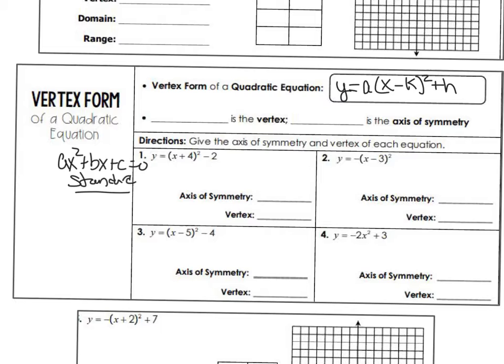Think of it as x and y. But it's not just any x and y. It's specifically going to be the vertex, the x and y coordinate of the vertex. So in vertex form, the k and the h is the vertex, and k is the axis of symmetry.